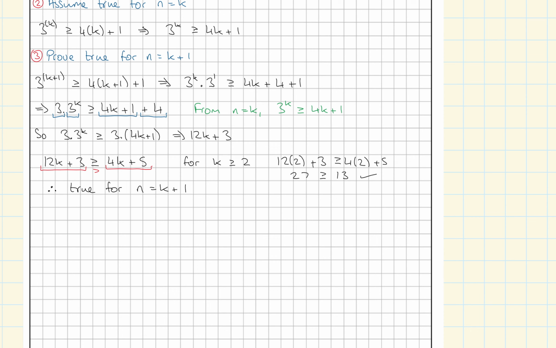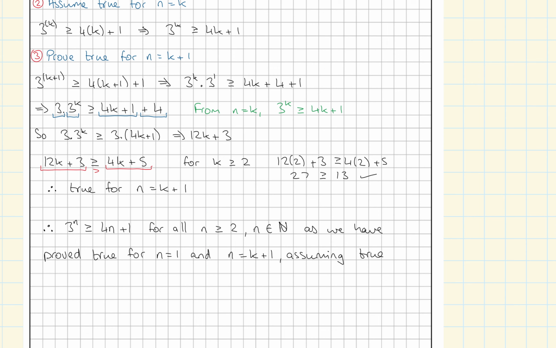Just our statement at the end, we feed it back to them. We have 3 to the power of n is greater than or equal to 4n plus 1 for all n greater than or equal to 2, n is an element of the set of natural numbers, as we have proved true for n equals 2 and n equals k plus 1, assuming true for n equals k.